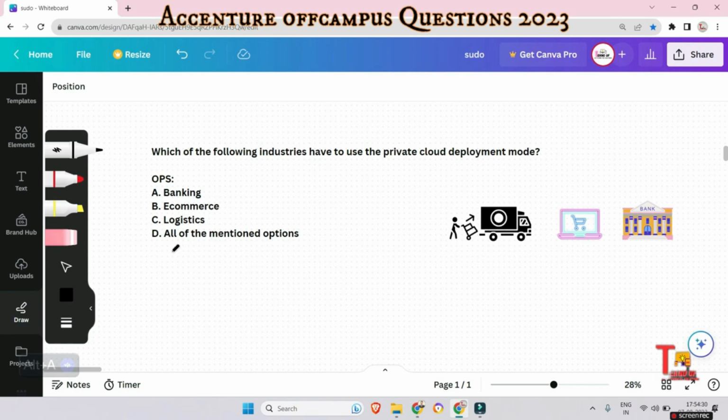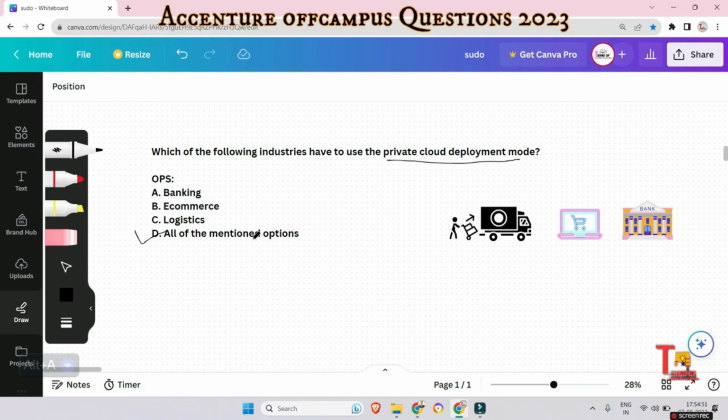So what is the answer for this question? The answer will be all of the above, right? Because the private cloud deployment mode enhances security control and privacy, and the cloud infrastructure is used exclusively by a single organization.